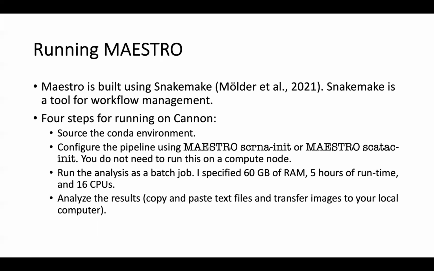I wouldn't recommend srun, although it could be possible. But for a job this long, you really probably want to use sbatch. The parameters that I set for each were 60 gigabytes of RAM, 5 hours of runtime, that's the time max, and 16 CPUs.